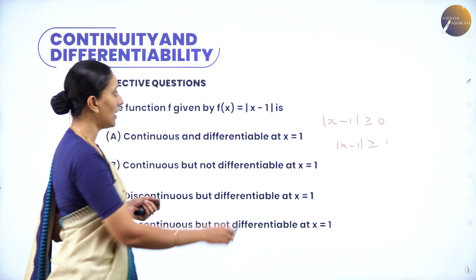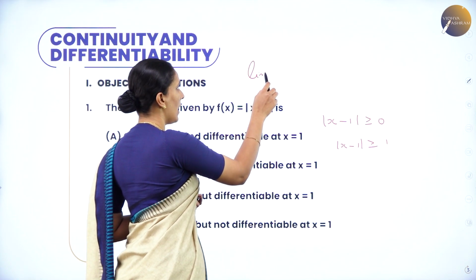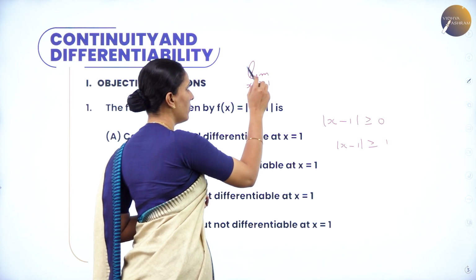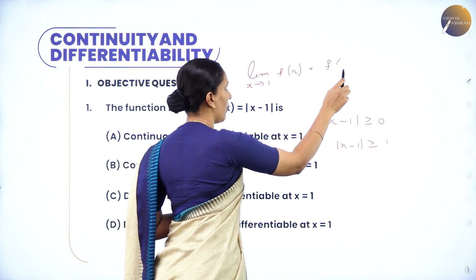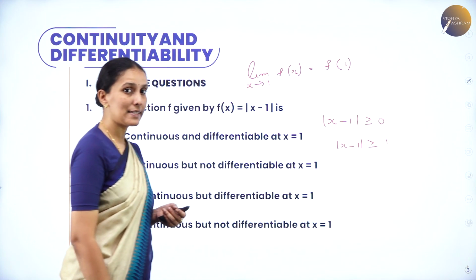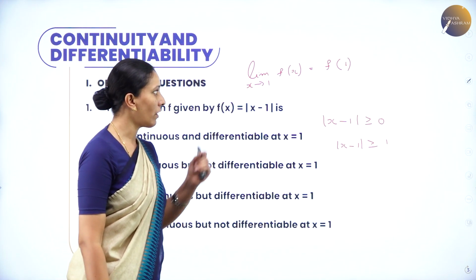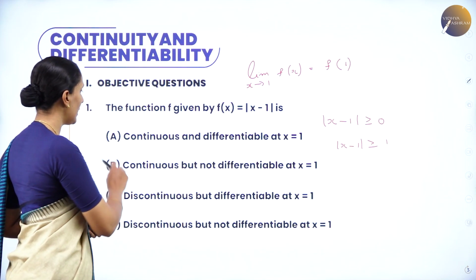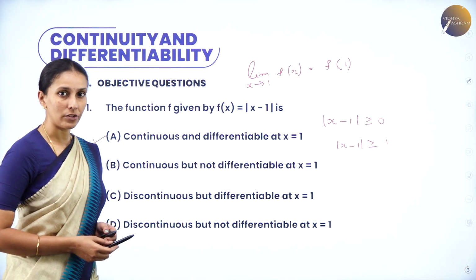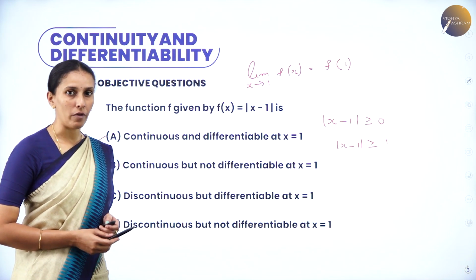If you apply the limit as x tends to 1 for f of x, it is 1 minus 1, 0, and f of 1 is also 0. So clearly it is continuous and differentiable at x equal to 1.